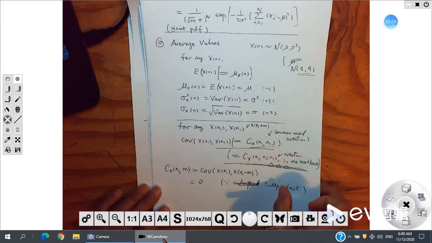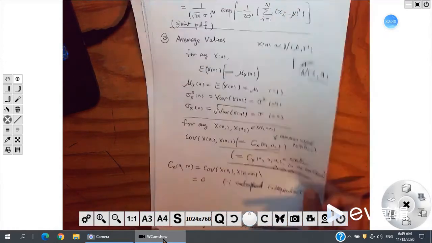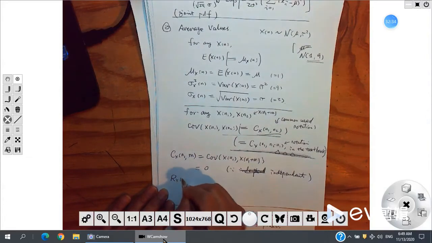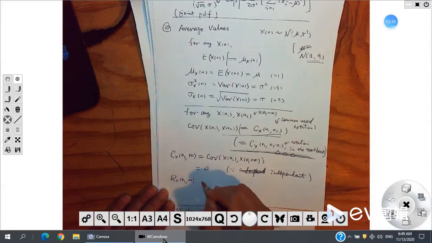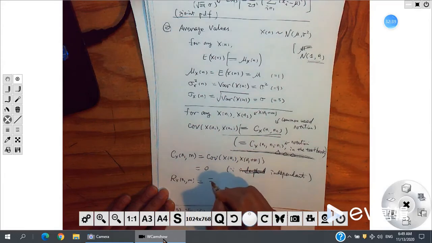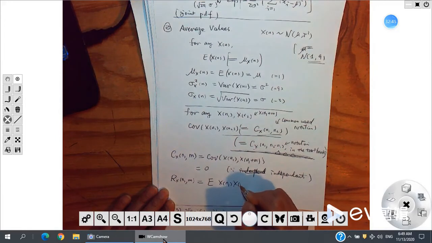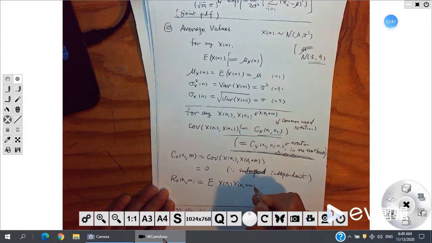And actually, we have another similar thing, R x of n1 and m, which is defined as E of x of n1 times x of n1 plus m. Yeah, this is the notation in our textbook.